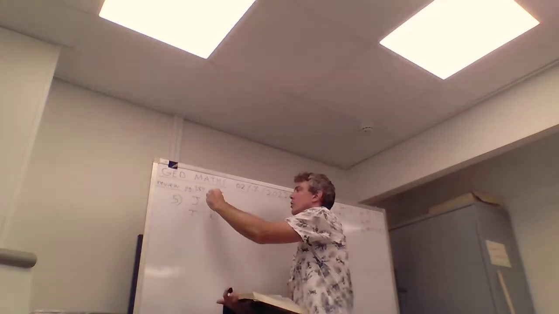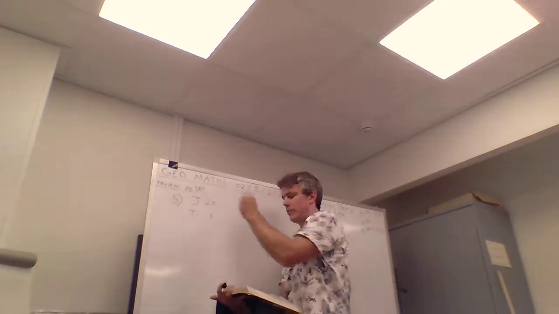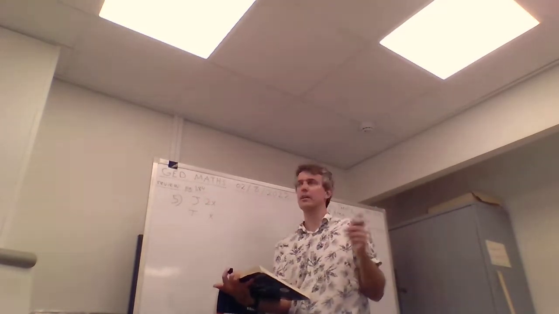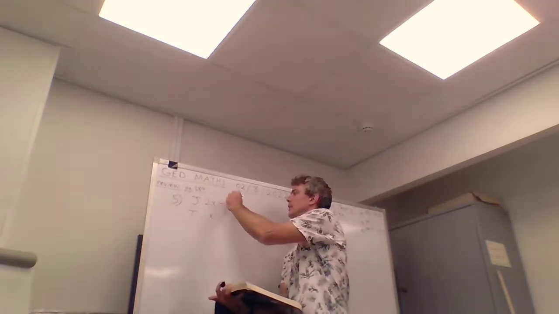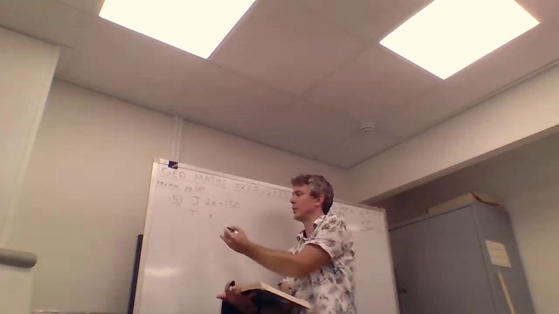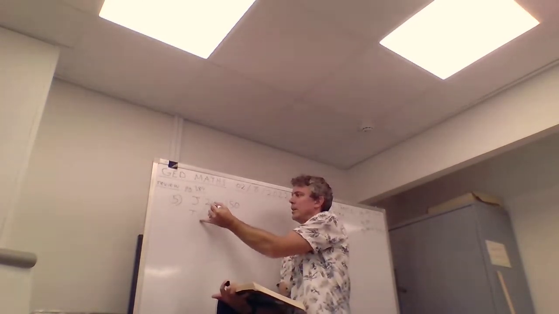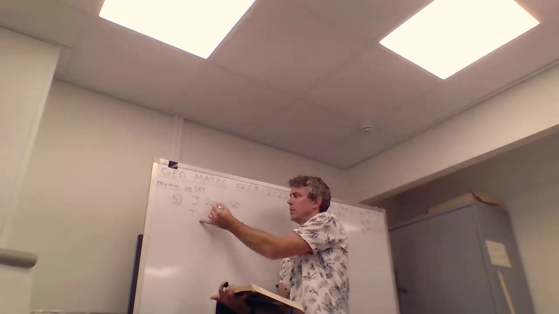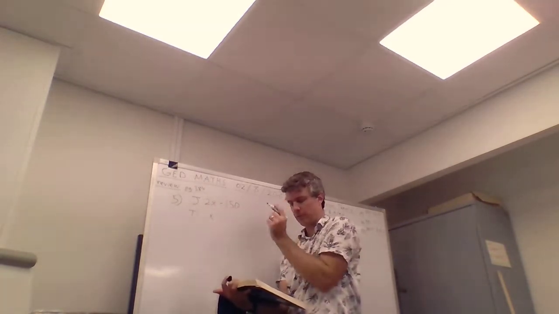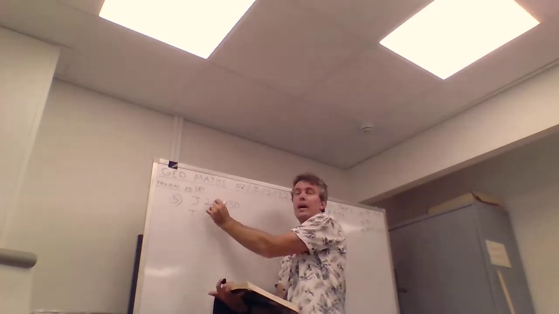Well, 2X. Twice is 2 times, right? And it's 150 less than that, so we subtract 150. So Tom is X, and Jan is 2X minus 150, because it's 150 less than twice.